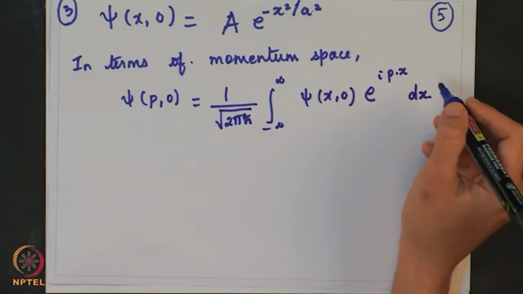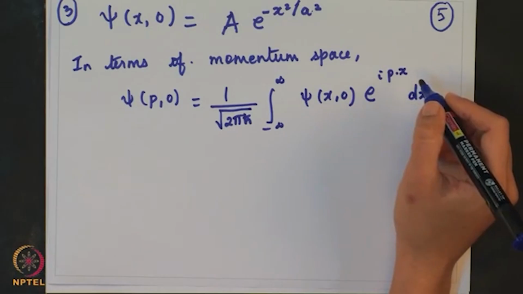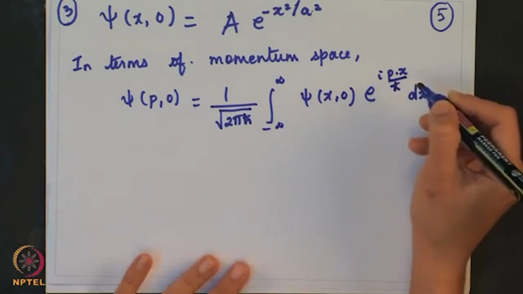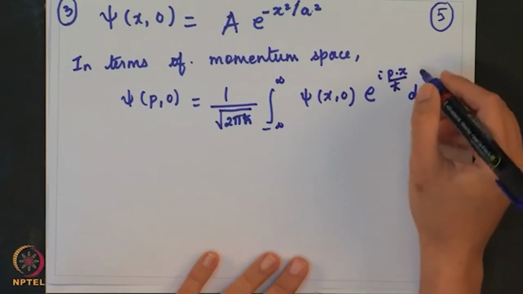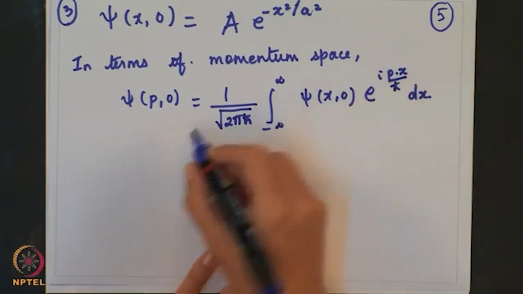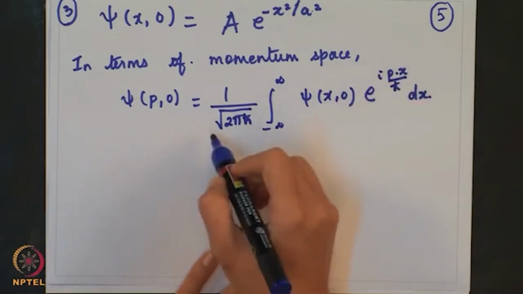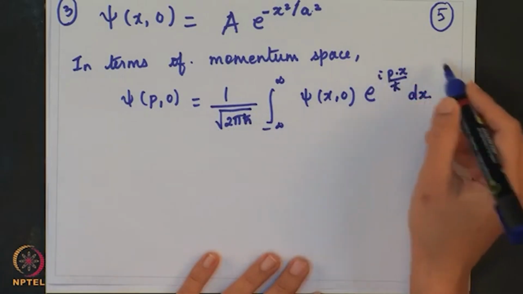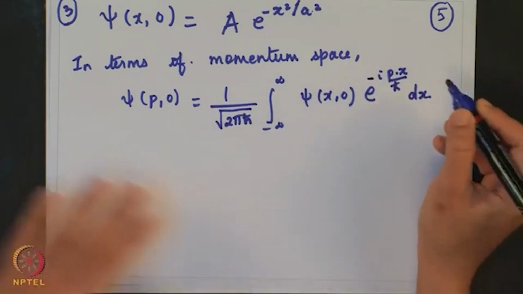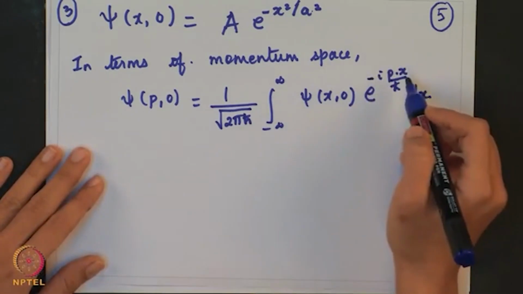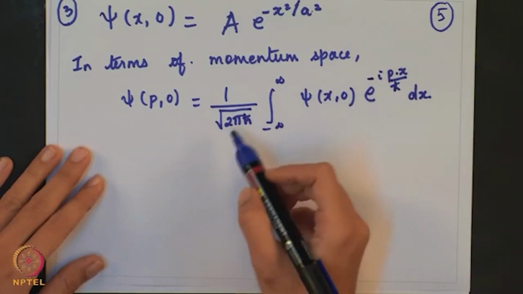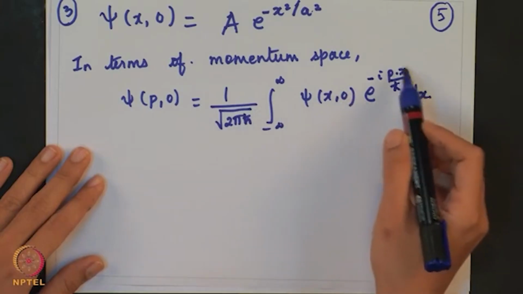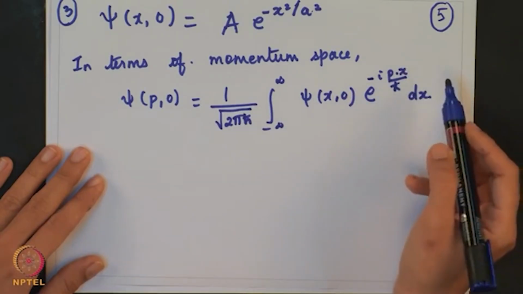Okay. Then there will be some normalization factor also. If I write this for one dimension, I have square root of 2 pi h cross, and with a minus i h cross. Now if we write it in 3 dimensions, we will have 2 pi h cross the whole raised to 3 by 2, and this will be p dot r.